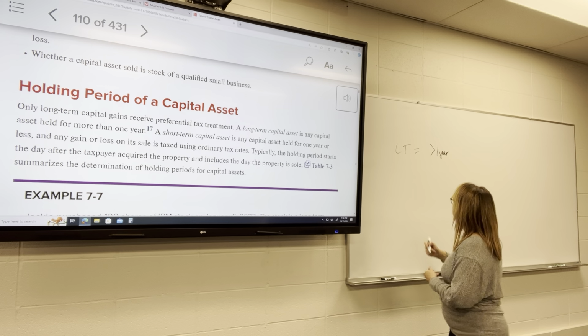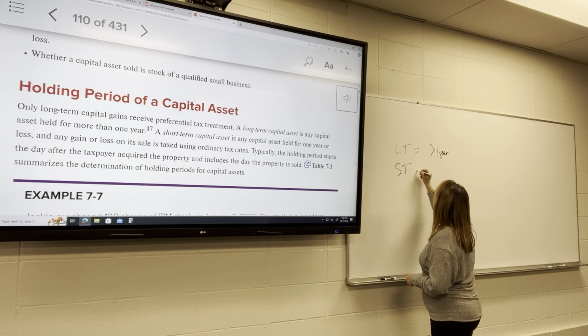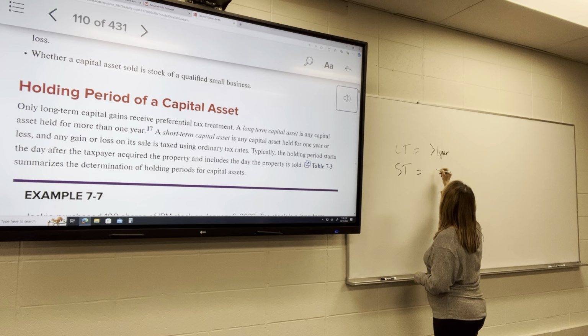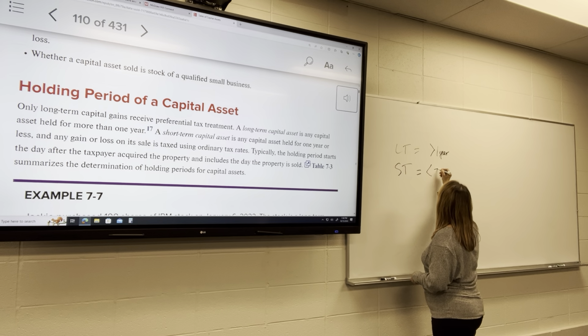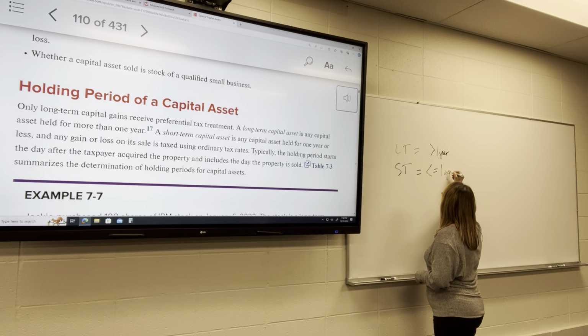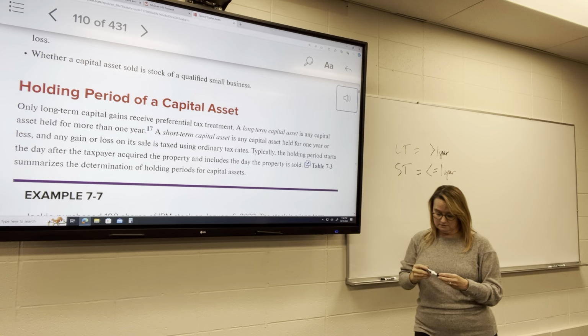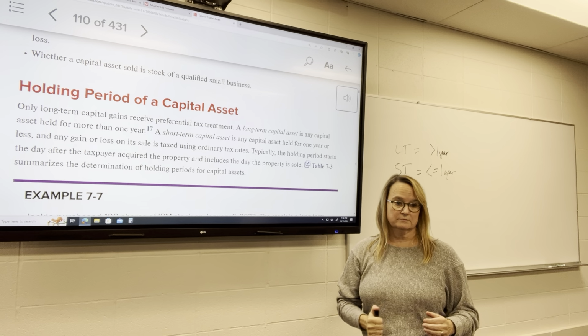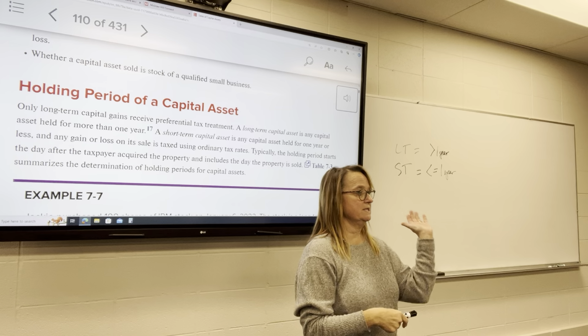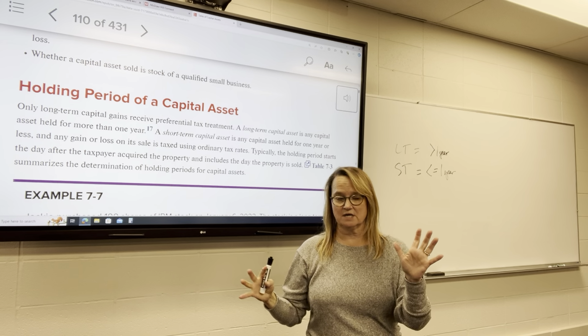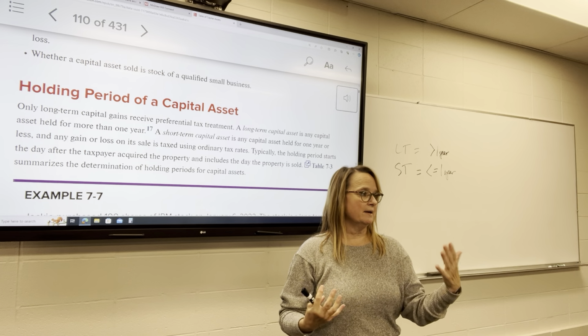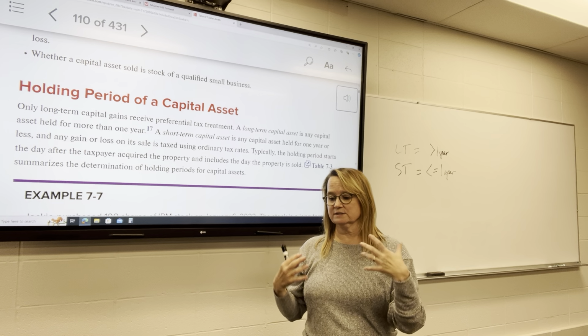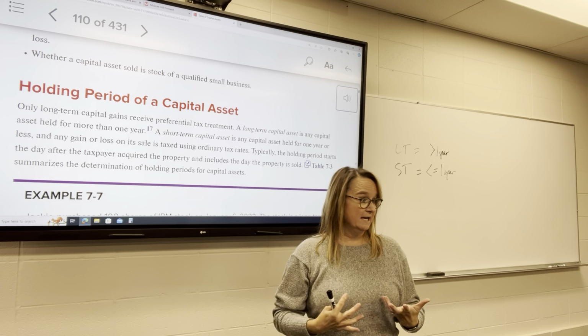Okay? Short term is less than or equal to 1 year. So exactly 1 year is short term. So remember, the holding period starts the day after if it's a stock. So again, let's say I purchased a stock today.